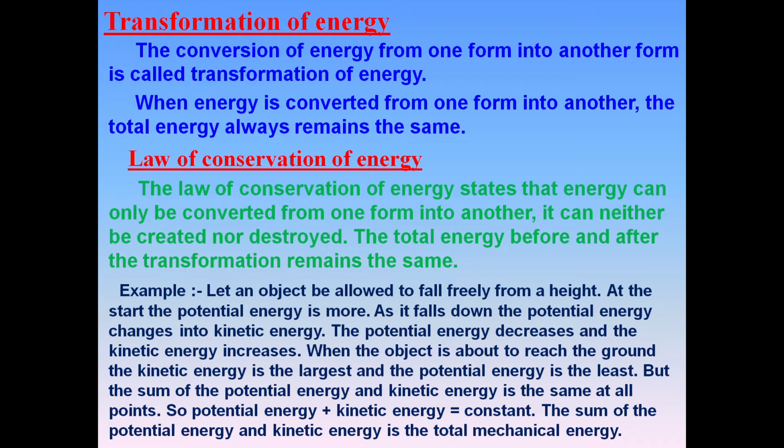But the sum of potential energy and kinetic energy is same at all the points during this fall. At all points, the total energy, that is potential plus kinetic energy, remains constant, and the sum of potential and kinetic energy is known as total mechanical energy.